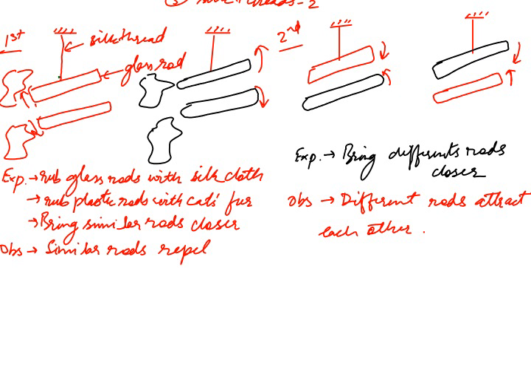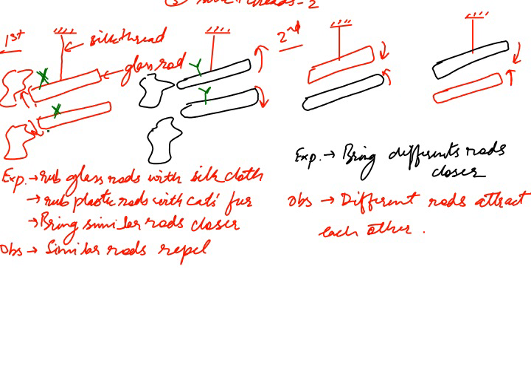So a glass rod is charged in X way, and another glass rod will also be charged in X way, because the same thing has been done to them. They are rubbed with silk cloth. And for plastic rods, let's say plastic rods got charged in Y way. We don't know what X and Y are, but let us presume that they are charged in different ways because conditions are different.